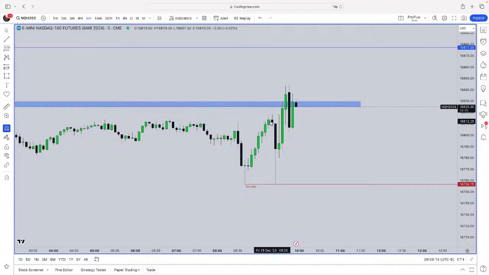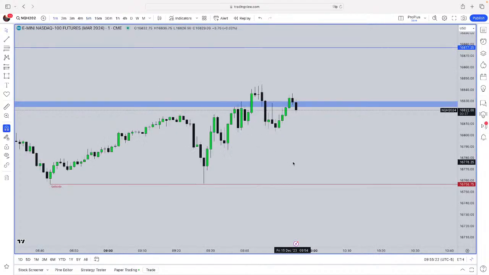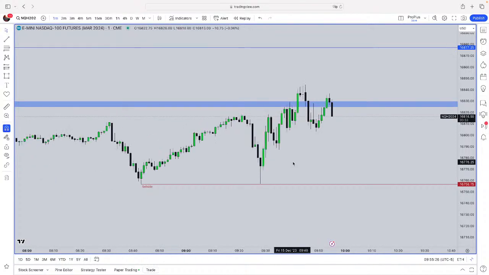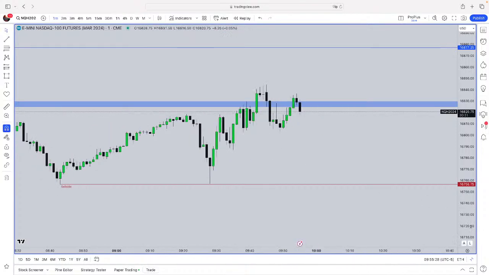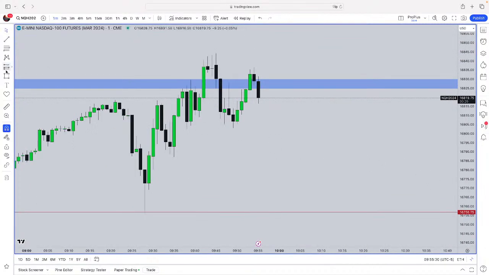Are you saying that's an order block or? Even if I was short here, as soon as price closes above the fair value gap up here, I would just know that it's going to be a nice trade anyway.